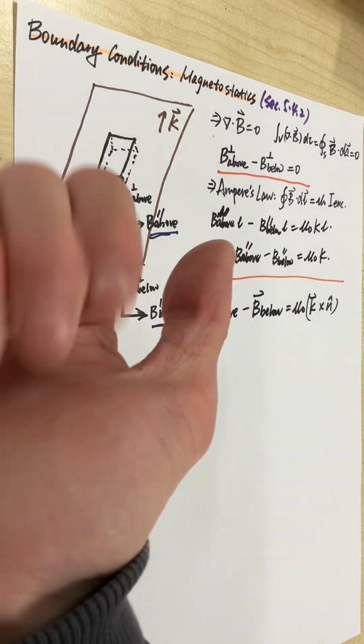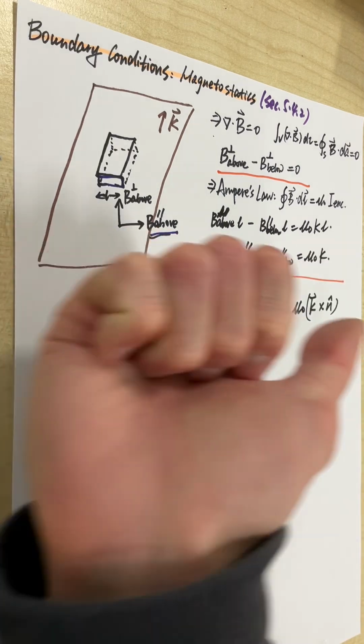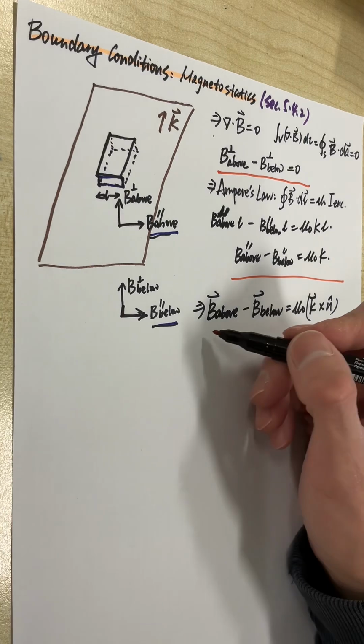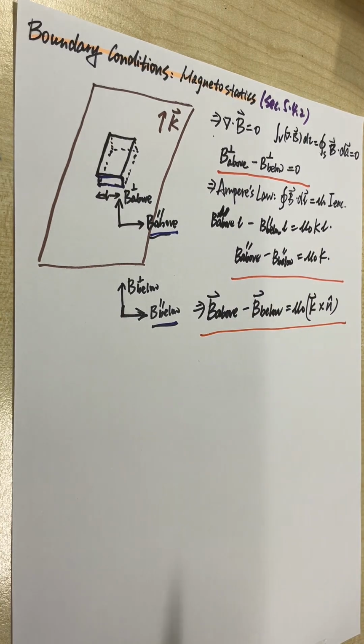K cross N gives us the parallel component of the magnetic field. So this is the overall boundary condition.